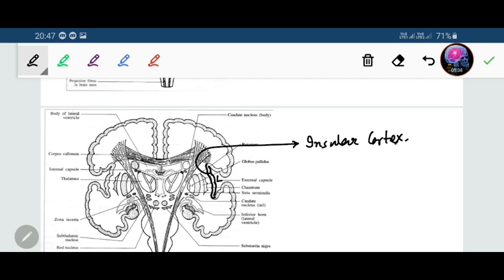It has been submerged from the surface during development of the brain due to overgrowth of the surrounding cortical areas, and can be seen only when the lips of the lateral sulcus are widely pulled apart. These are the lips of the lateral sulcus. When these lips are widely pulled apart, only then the insula or the insular cortex is visible.